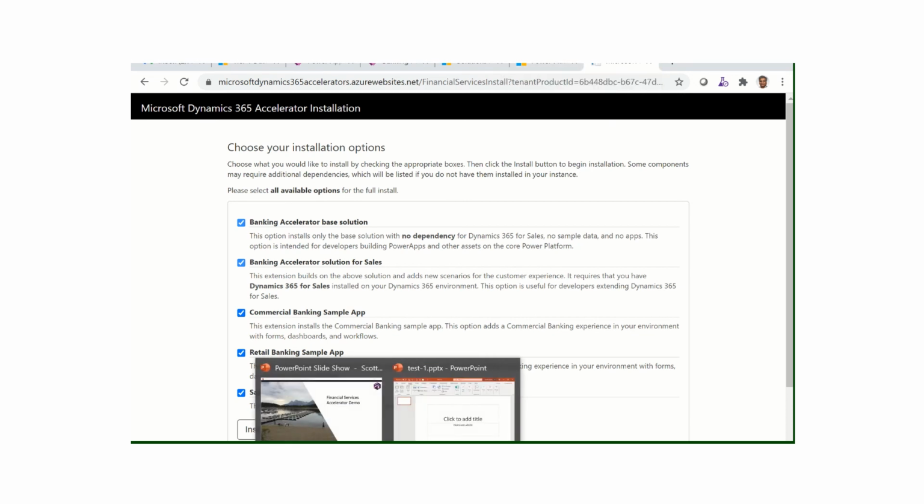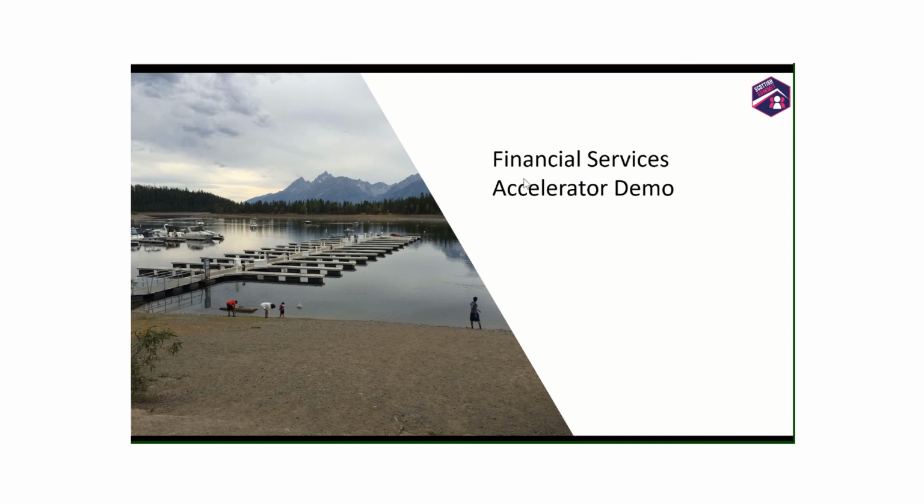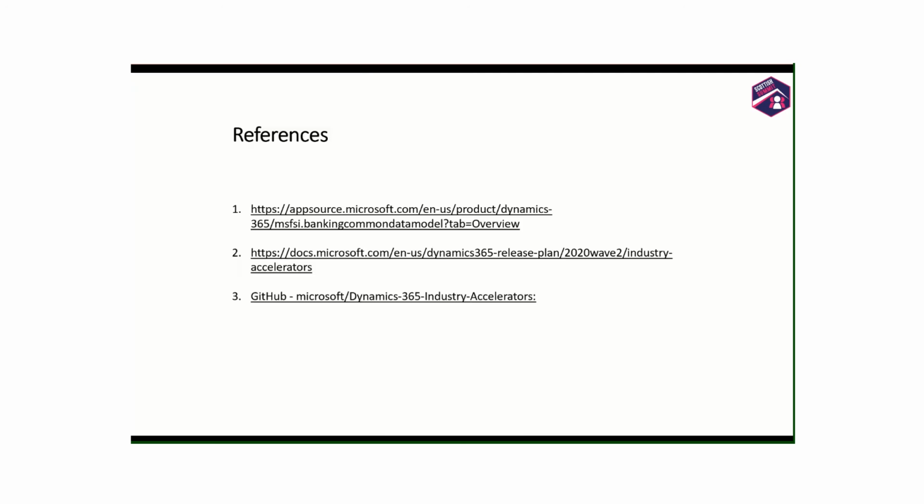So going back to my presentation, that was the Financial Services Accelerator demo. I hope there are any questions. I can answer them after this session is over. For references, I have included a few links here, the app source for the banking common data model. As these apps are built on the common data model, you can go and look into Microsoft App Stores and get access to all those apps.